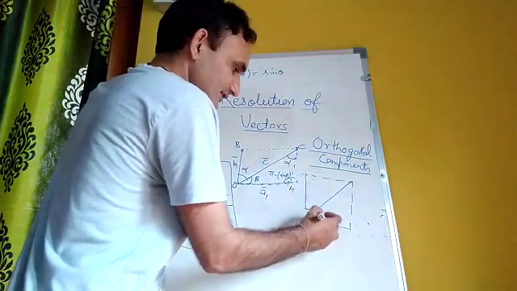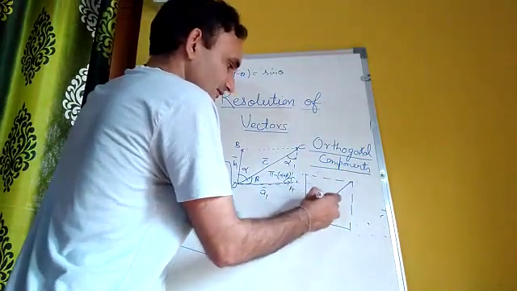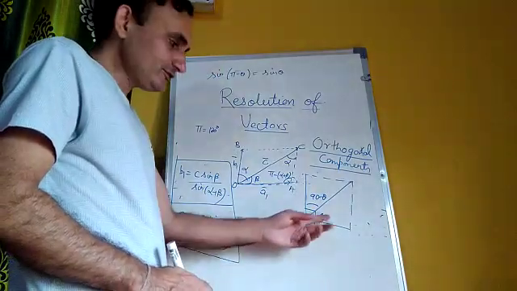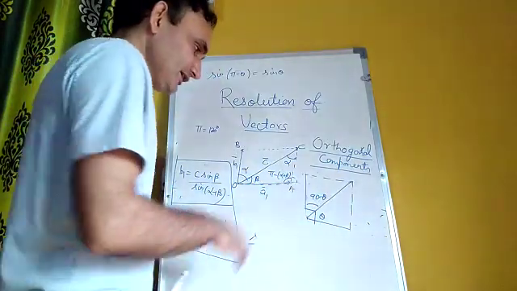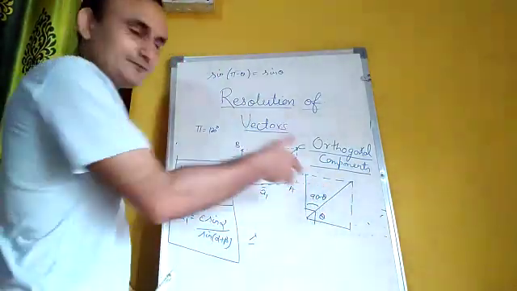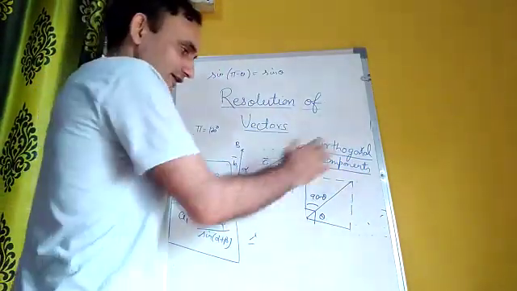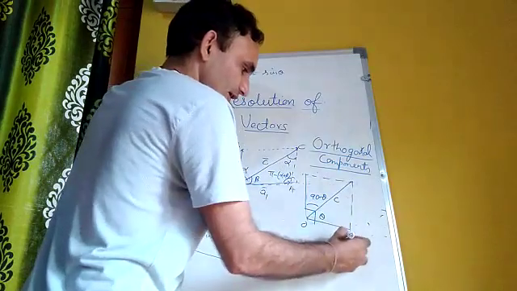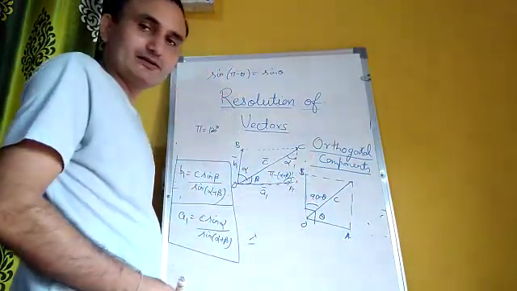So if this angle is theta, this will automatically be 90 minus theta, because the whole angle is 90. If you put these values here, or simply if you don't remember this, you can directly do it here. Suppose this is C, this is OA and this is OB.